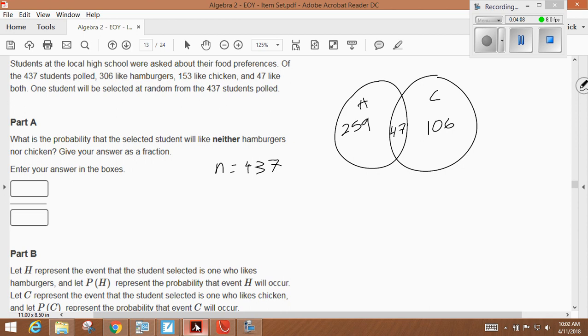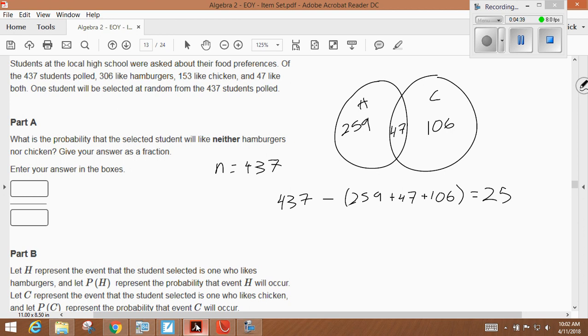So that's going to add up to something. And if I wanted to find out how many people like neither, I would take my total number of people, and I would subtract all those people that like hamburgers, or chicken, or hamburgers and chicken. Right? So that's how we'll do that. That turns out to be 25.